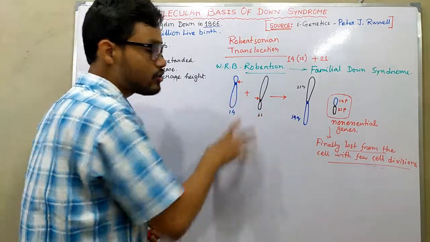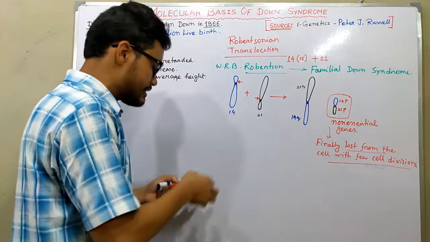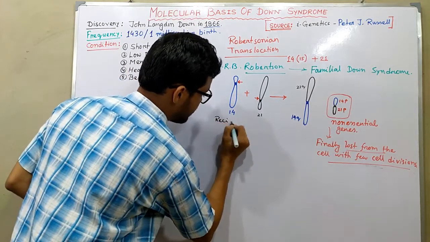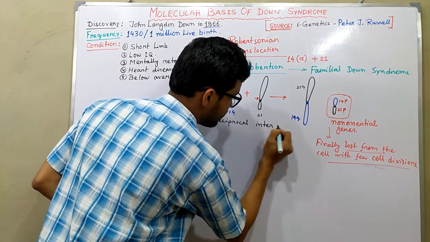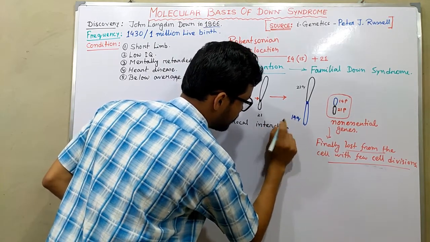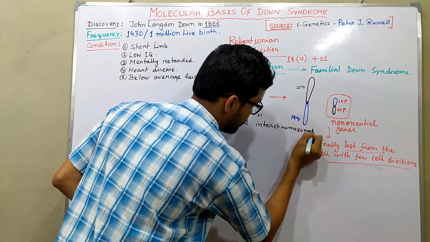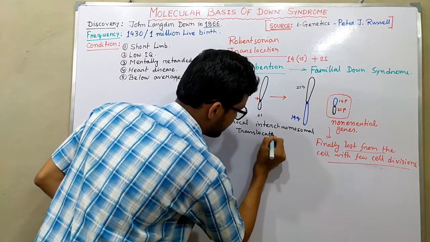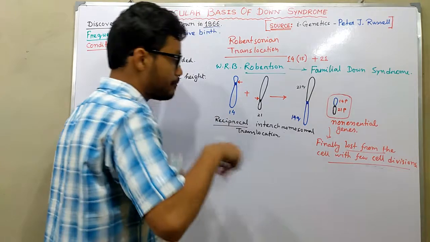But this is a translocation, right? So this is not only a translocation, but actually a reciprocal interchromosomal translocation. Reciprocal means bidirectional.